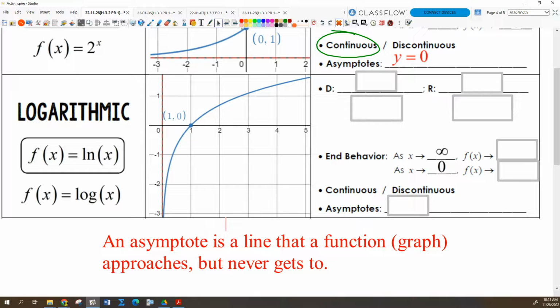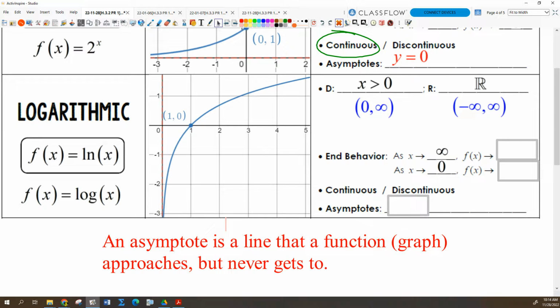Okay? So what's the domain of these log functions then? Okay, 0 to infinity, parentheses or brackets? Parentheses, because we're not including 0. What's the range? All reals. Okay, end behavior.